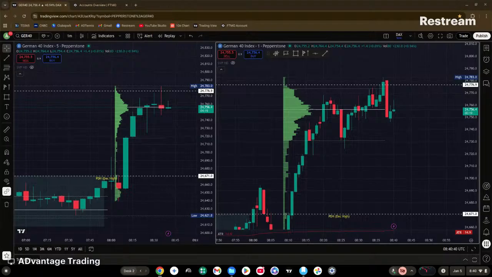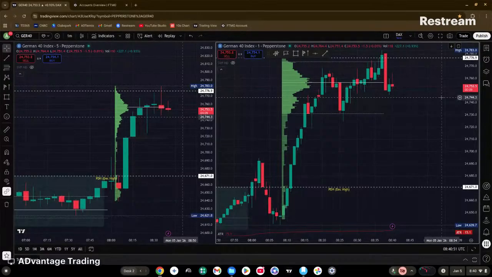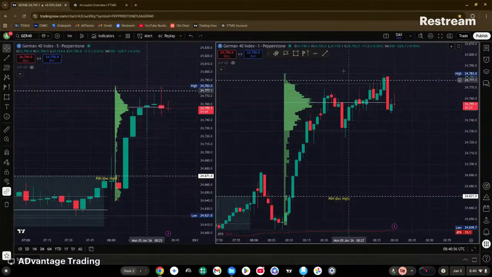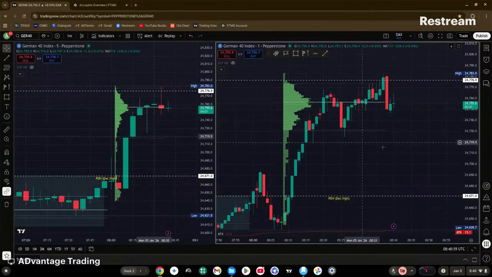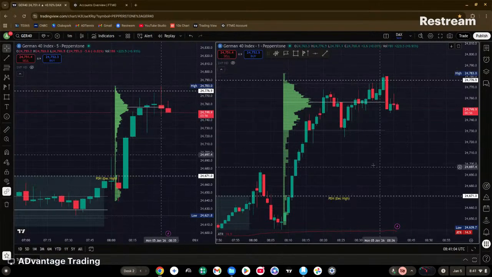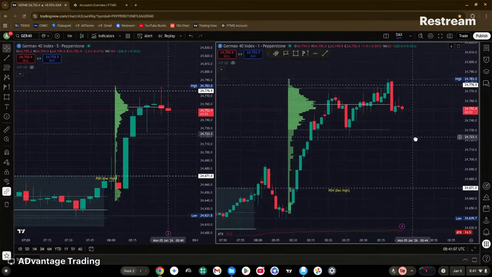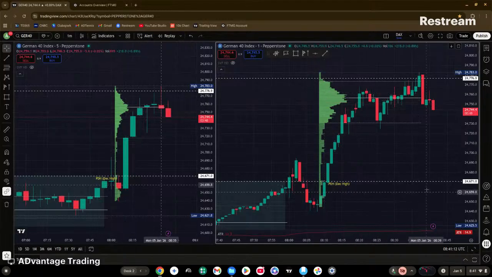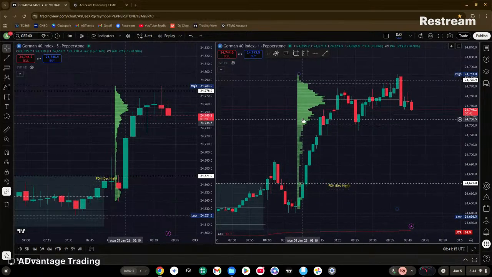So the POC, the point of control, which is the white line here, is essentially where the market is agreeing there is the most fair value. The dotted lines are the upper and lower bounds of where that value is, and anything above or below is either expensive or cheap, essentially. What we've got this morning is what's called a P-shaped volume profile, meaning it's extremely bullish because all the volume is at the highs.